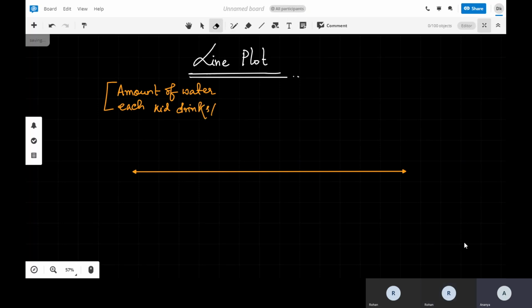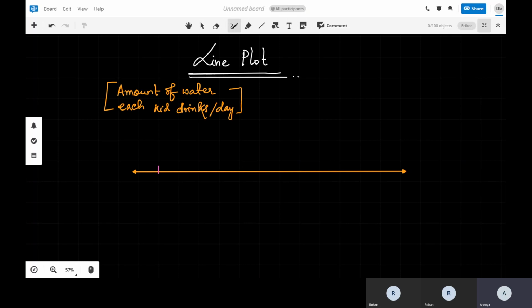Let's say that this is the data collected from your class. Somebody went to your school and collected this particular data. They asked each kid and found the amount of water that each of the kids drink per day. Now here the line plot is somewhat like this.